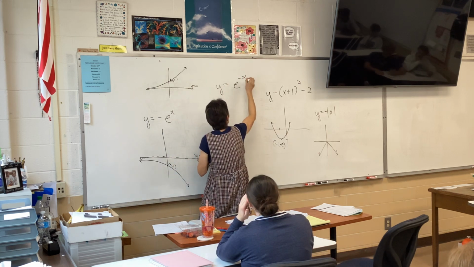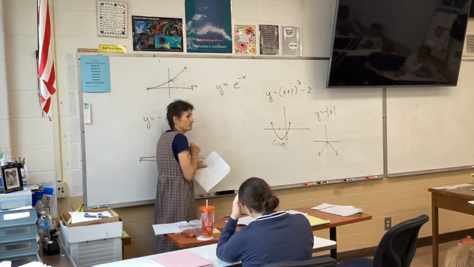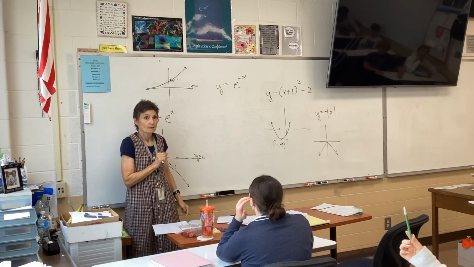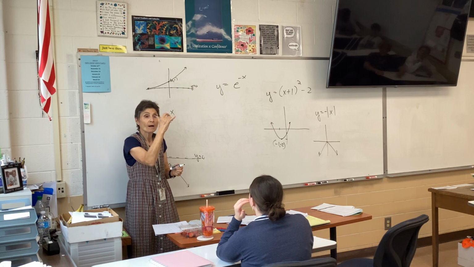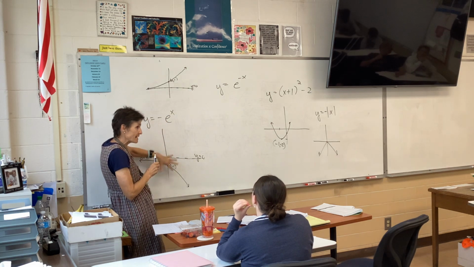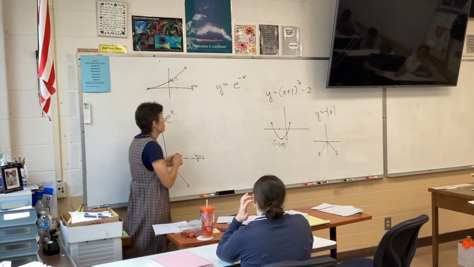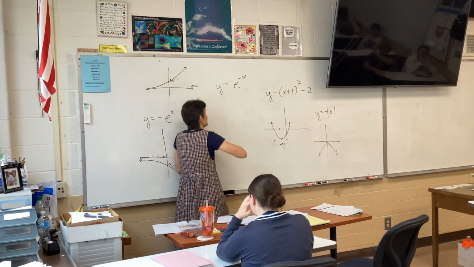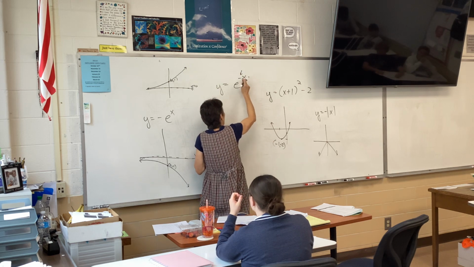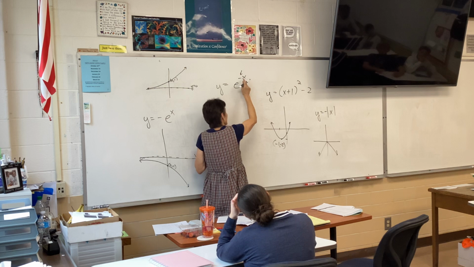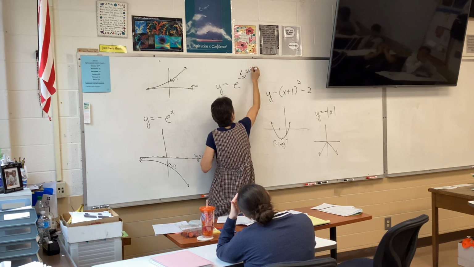This is brand new. I don't think we talked about that. Opposite way. So this negative is an upside down. This negative is a sideways flip. So this negative on the x, when you put the negative on the x, it's a sideways flip.